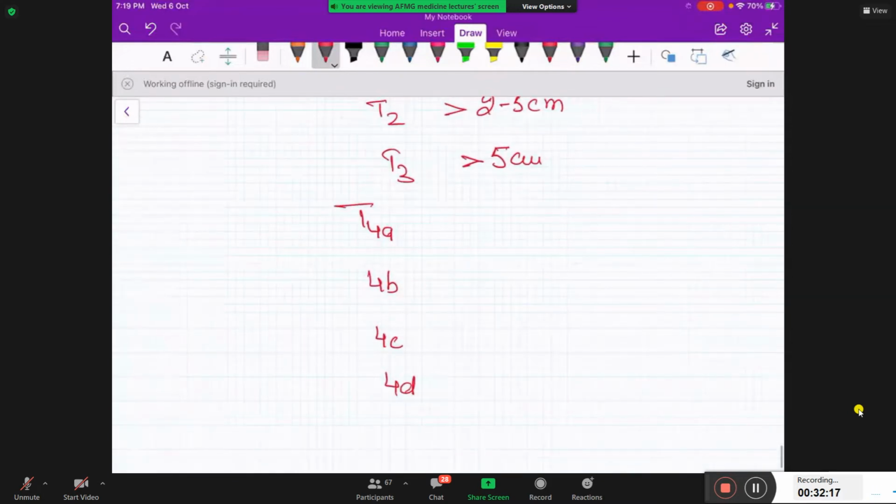4A is any size with chest wall involvement.